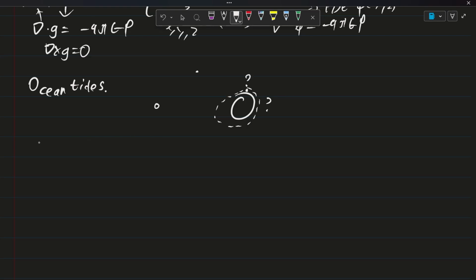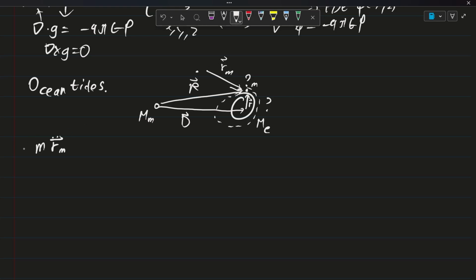So we first try to figure out the force on this probe. Well, the force on the probe is quite simple. You can define this thing to be the d vector, the distance from here to here to be the r vector, and from here to here, we'll call the small r vector. Each has mass. So what's the force on the probe? It's m, and this distance here we'll call r_m, the location of object m. So m times r_m double dot, this is Newton's law.